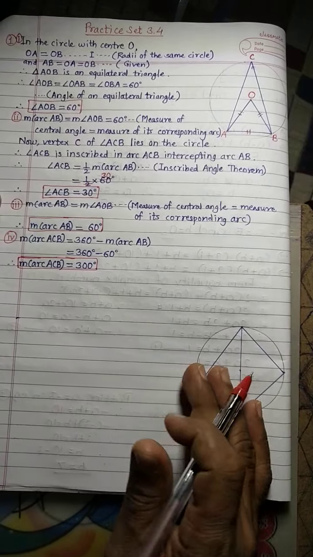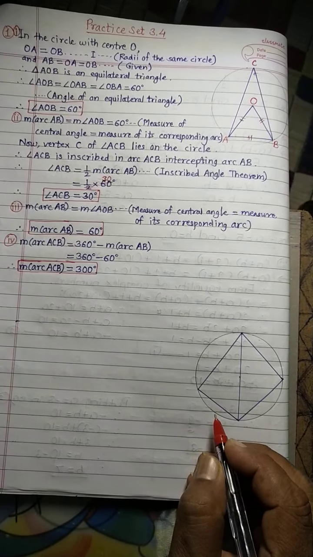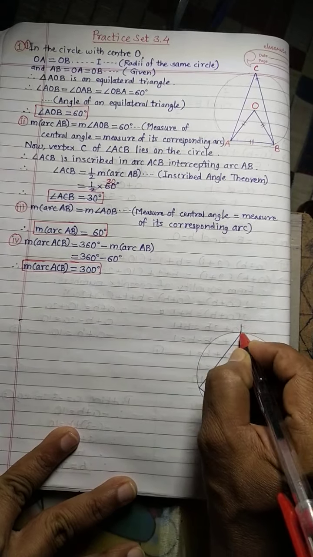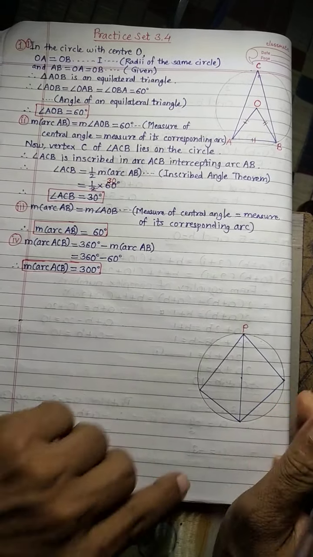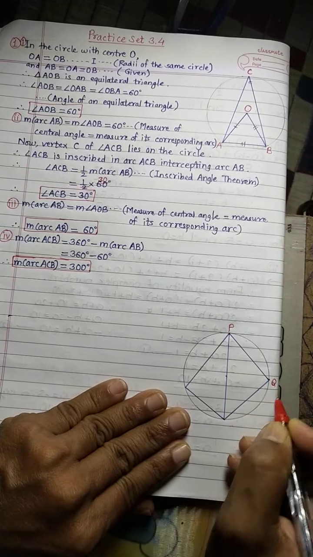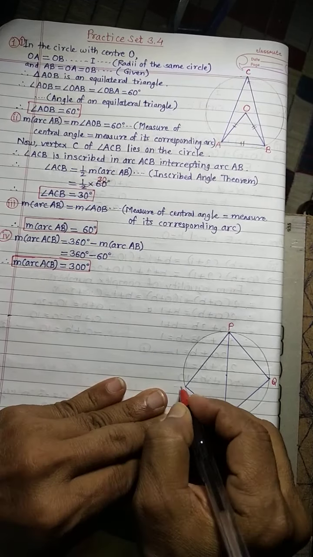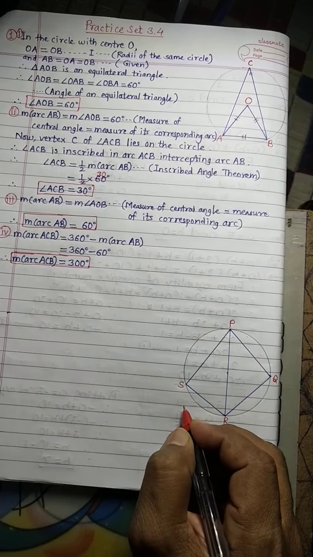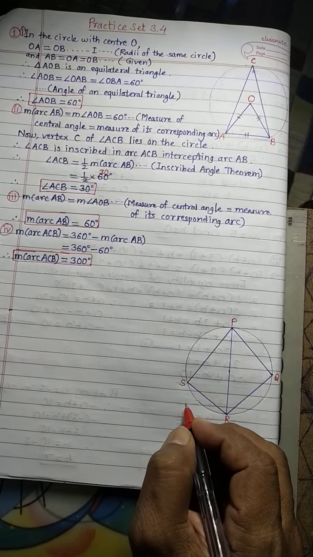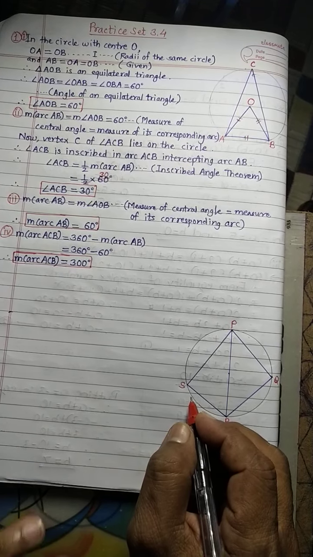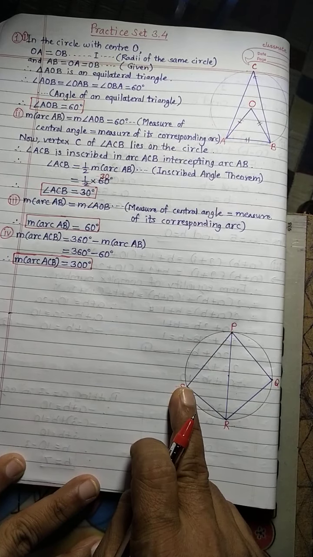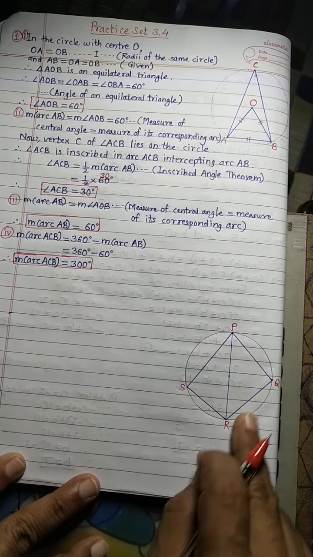In this figure, here is P, then here Q, R and S. So in the given figure, quadrilateral PQRS is a cyclic quadrilateral.